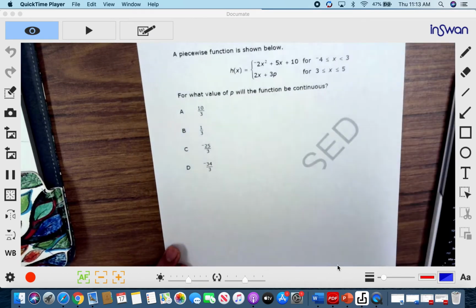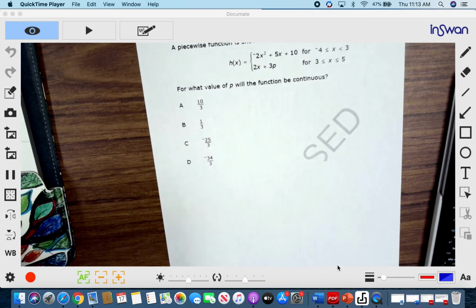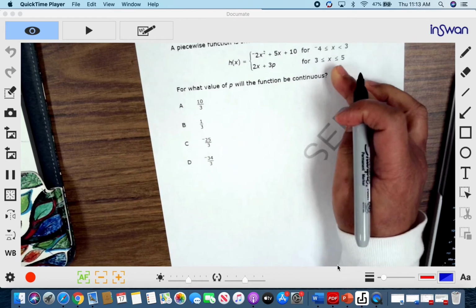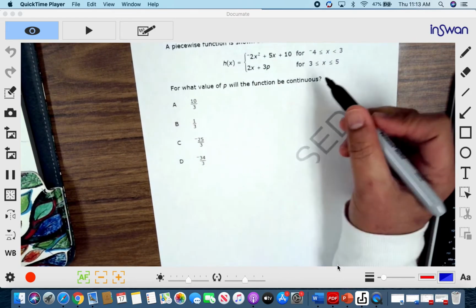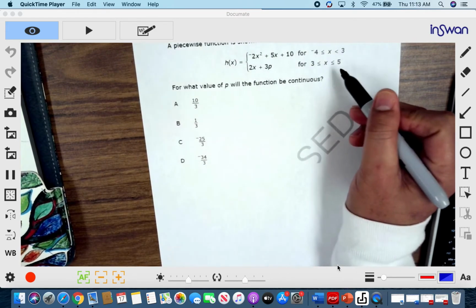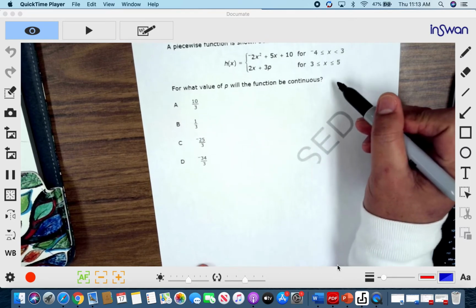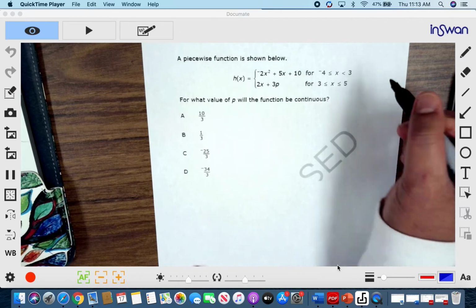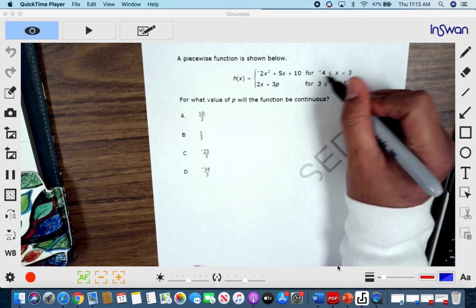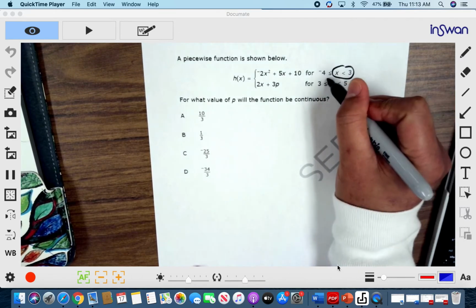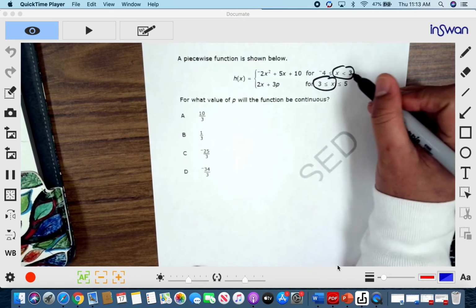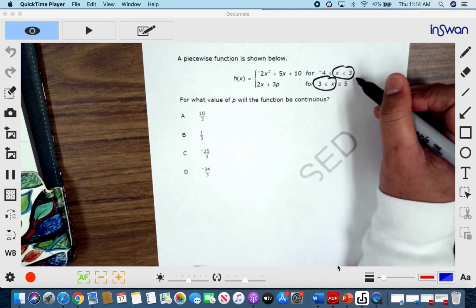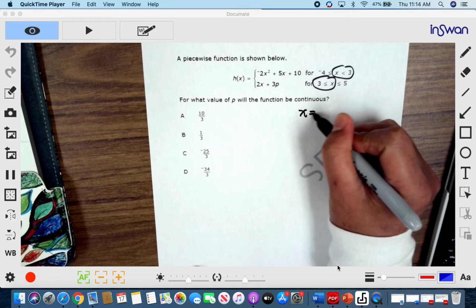Now let's go to the next problem. You have a piecewise function defined by this, and you're asked to find the value of p where your function will be continuous. As I told you before, you need to find your breakpoint first, and our breakpoint is 3, because it appears on both equations. So our x here is 3.